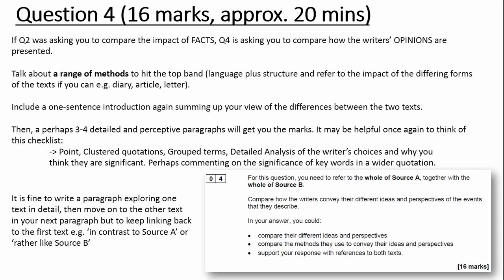Secondly, when it mentions methods, you'll notice it's methods plural, methods with an S. And that therefore takes us onto a point which I'll make in a moment, that we're not just talking about language here, we're talking about more than that. And then the final bullet point, support your response with reference, i.e. quotations from both texts. Again, sometimes people can let that slip. Obviously, you all know that quotations is the kind of non-negotiable, isn't it, really?